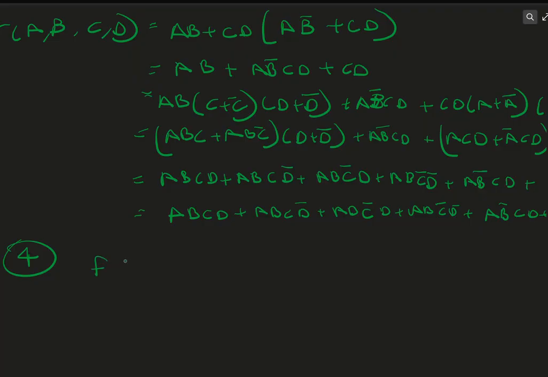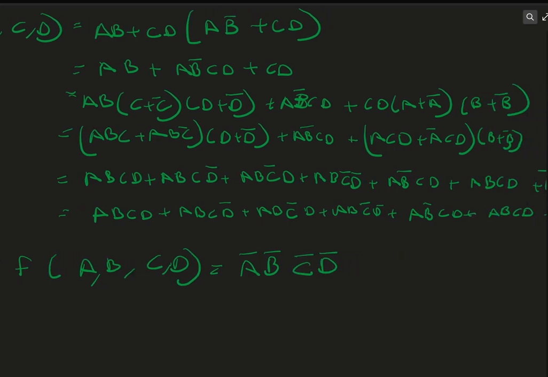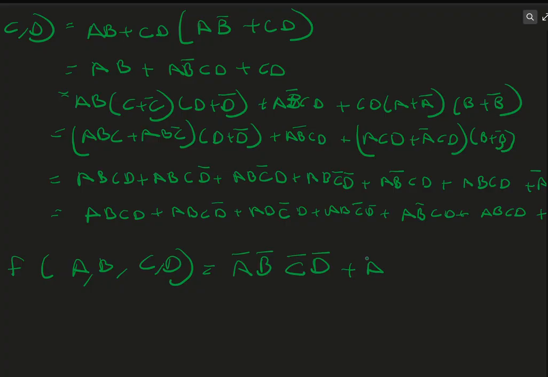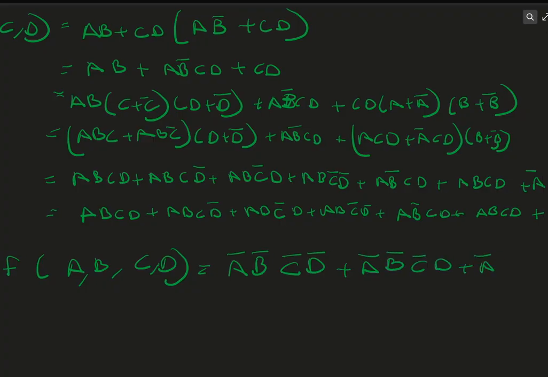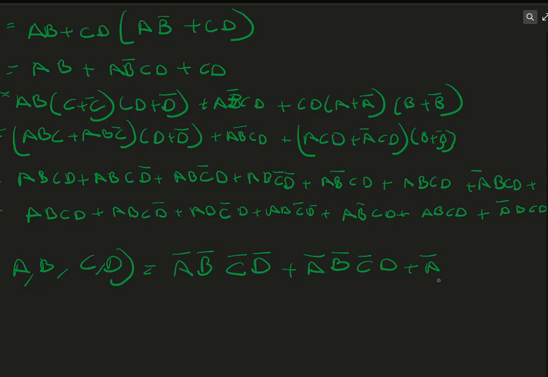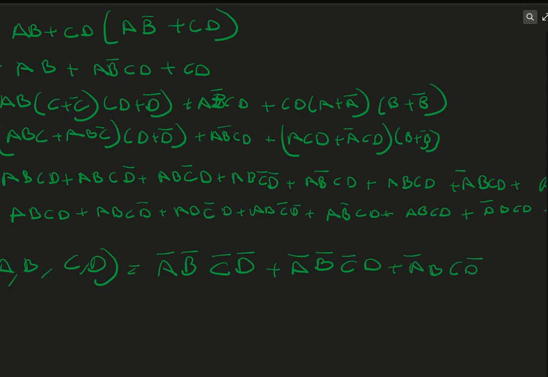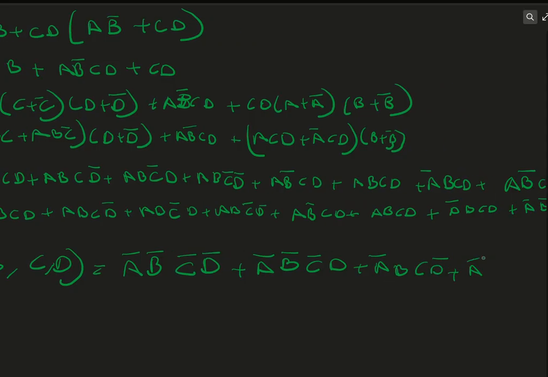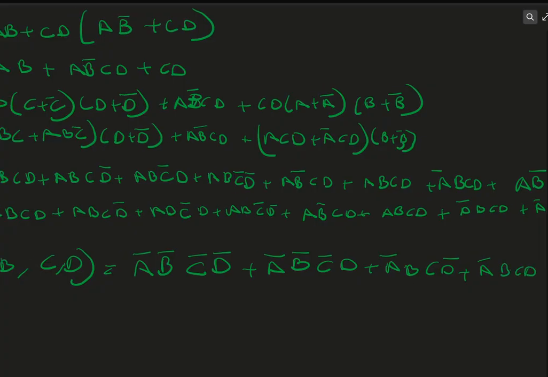Function f(A, B, C, D) equals A prime B prime C prime D prime plus A prime B prime C prime D plus A prime B C D prime plus A prime B C D.